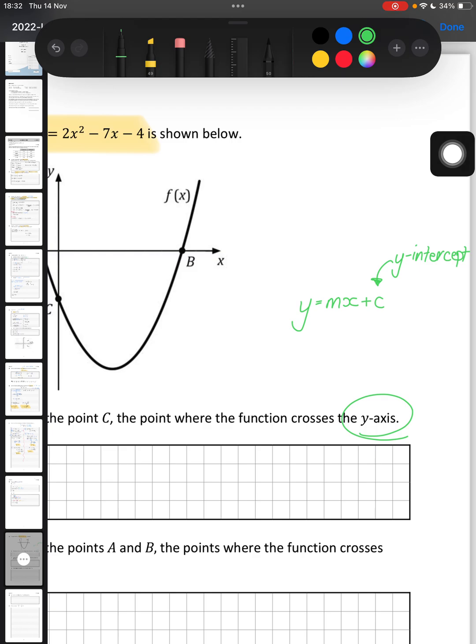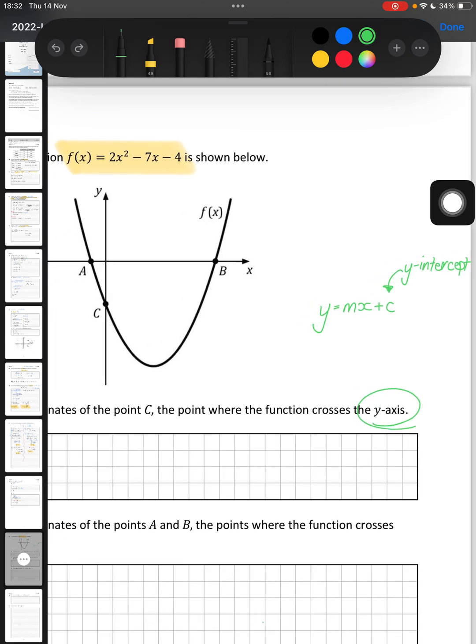Another way we could do it is to look at this as a pattern from our sequences and series. We know what form a quadratic comes in, and that is f of x is ax squared plus bx plus c, and c is the value of the 0th term, i.e. when x is equal to 0.